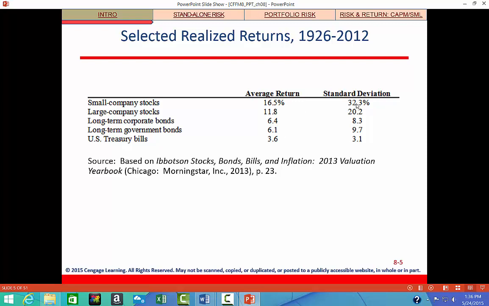And you can see that these are the riskiest at the top, small company stocks, going down to the least risky, which are U.S. Treasury bills. So just because something offers a greater rate of return doesn't mean it's a better investment, because it also probably has a much greater level of risk.